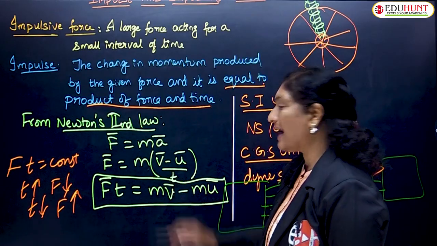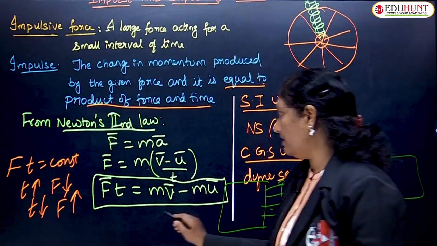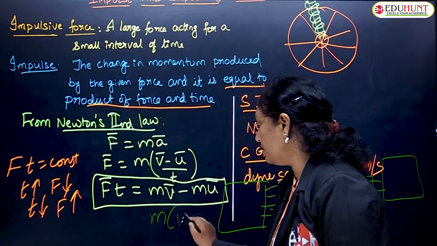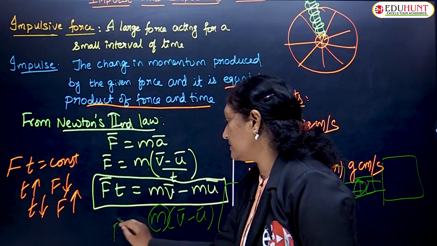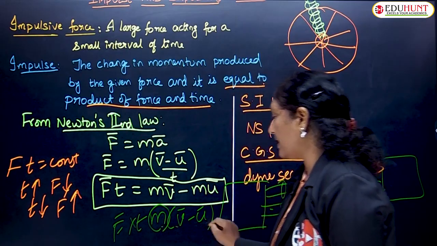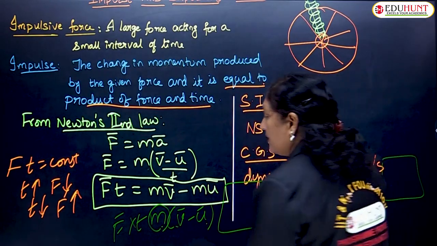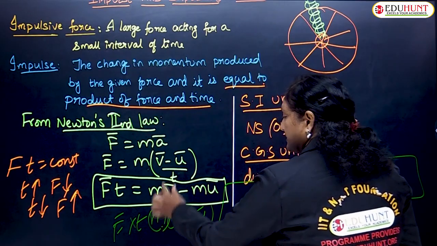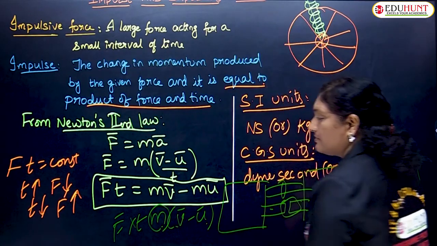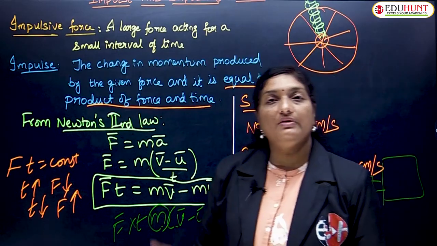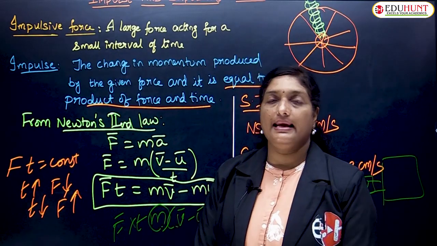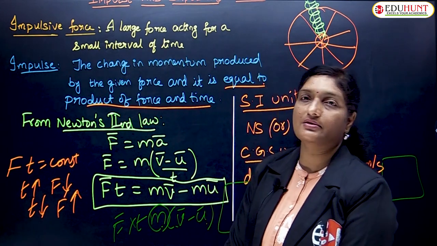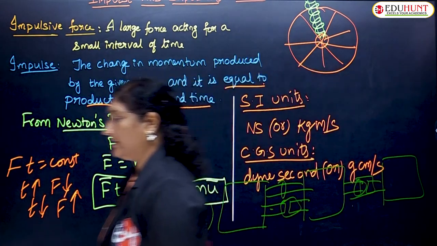Here I can say m into (v minus u). So force into time is the product of mass and change in velocity. Whenever mass is more, the impulsive force will be more. Whenever mass is less, the impulse will be lesser, because it equals the change in momentum.